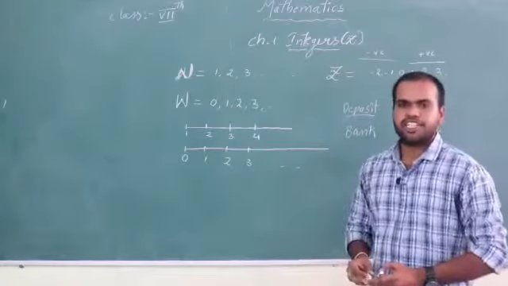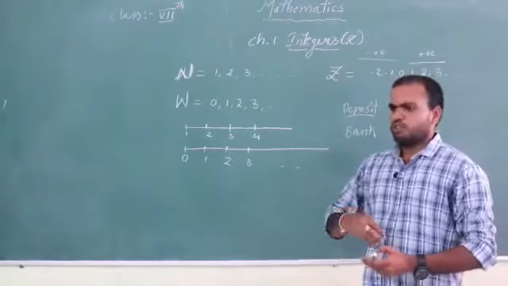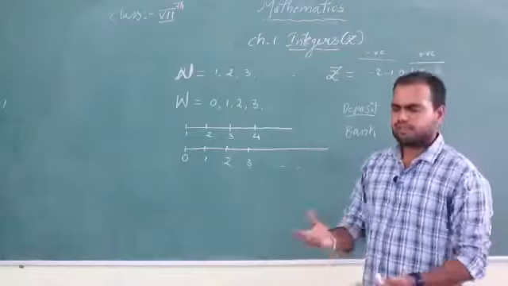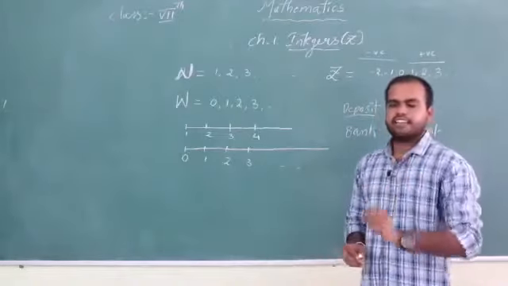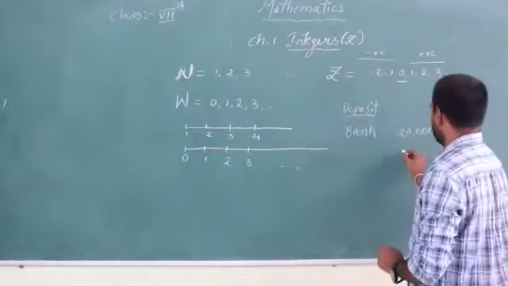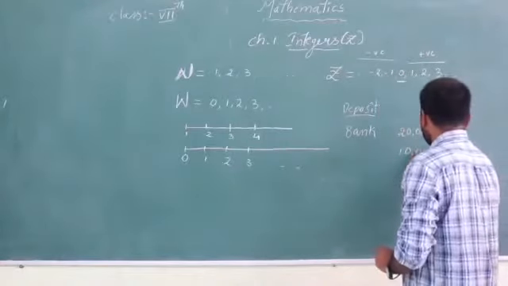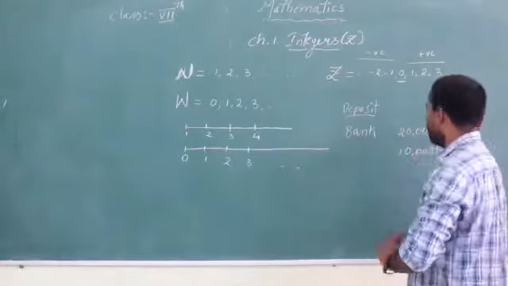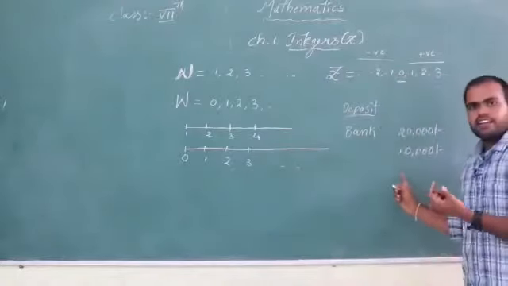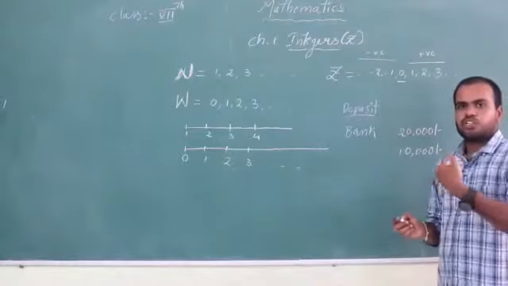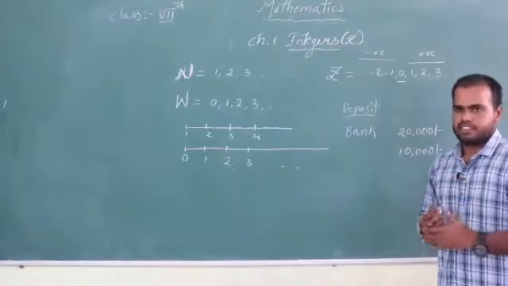After 1 month, due to some emergency, you needed the amount, so you took 10,000 rupees from the bank. First you deposited 20,000 and then from that 20,000 you took 10,000 after 1 month.